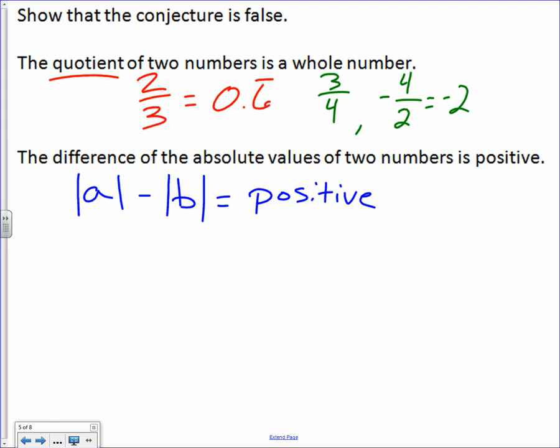However, because all we have to do is show a counterexample, what you want to do is come up with one specific example. So here, I might say something like, my counterexample is let A equal 1 and B equal 2. Then the result is negative.